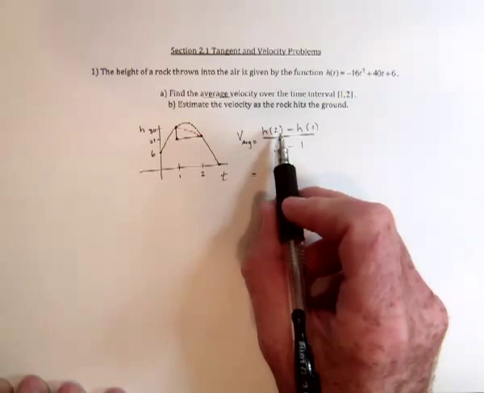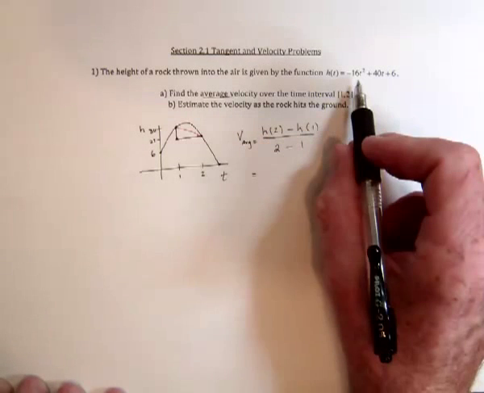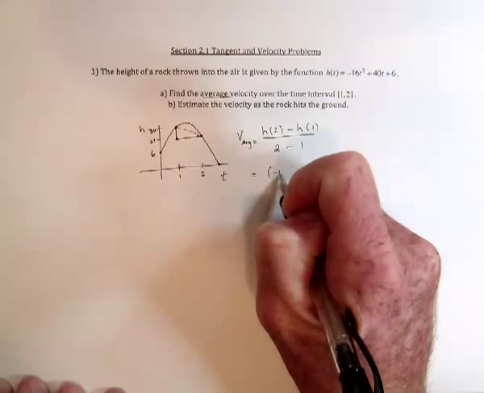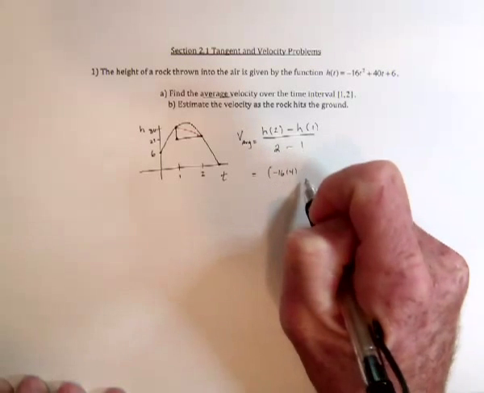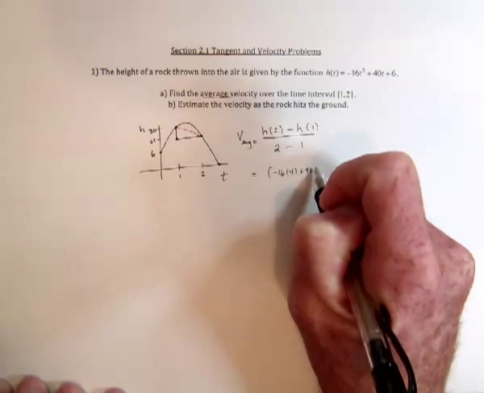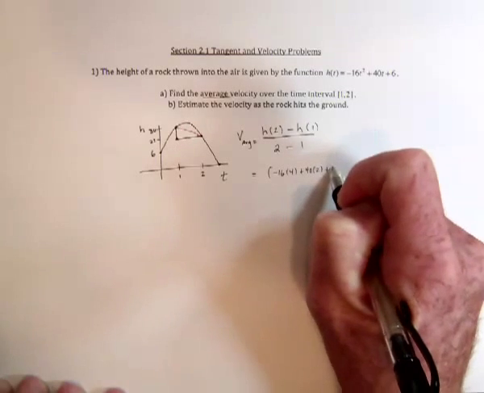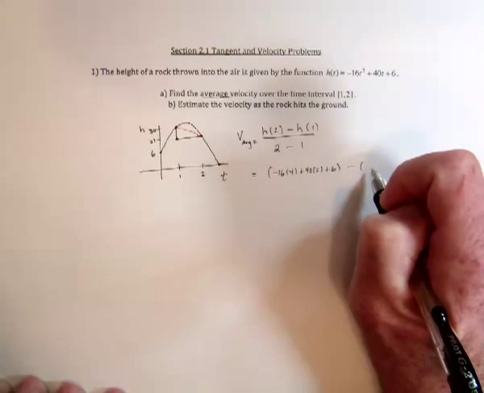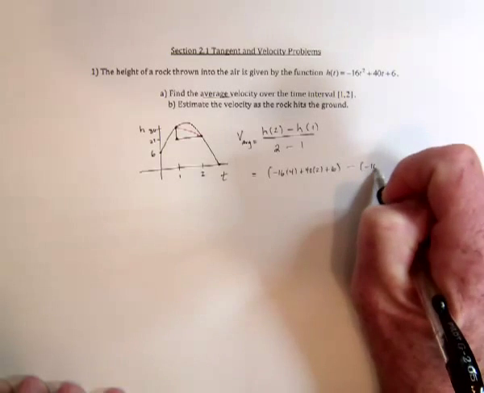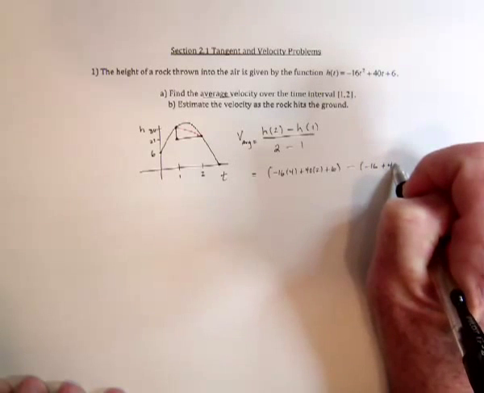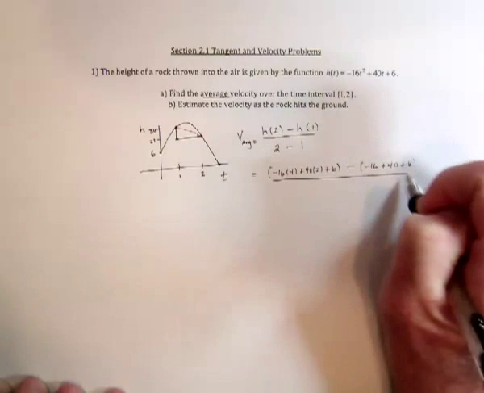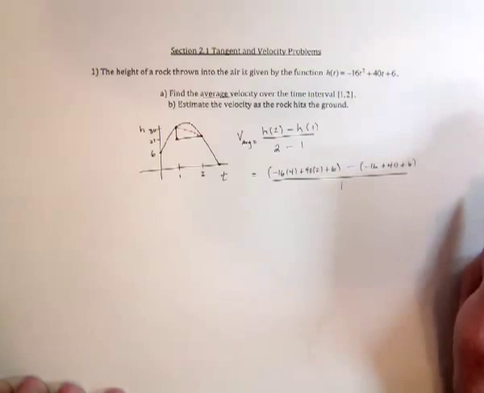And then to show my work, substitute a 2 into this function. So it's going to be negative 16 times 4 and a 40 times 2 plus a 6. And then substitute a 1 into the function, so that would be a negative 16, a 40, and a 6. And it gets divided by 1.